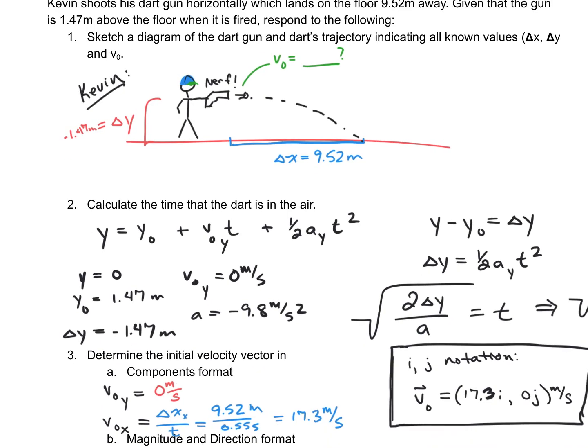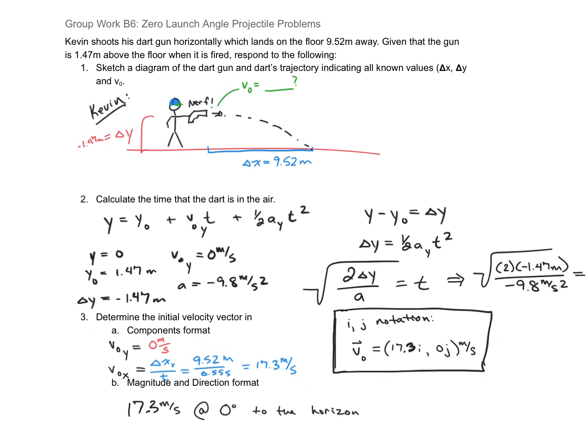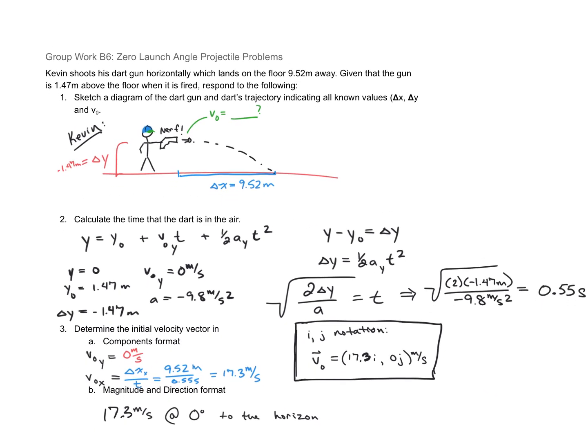In order to solve for the unknowns, the first question is to calculate the time that the dart is in the air. With the amount of information we have, you need to understand that the dart is leaving with an initial velocity only in the x direction. So your initial velocity is only in the x.